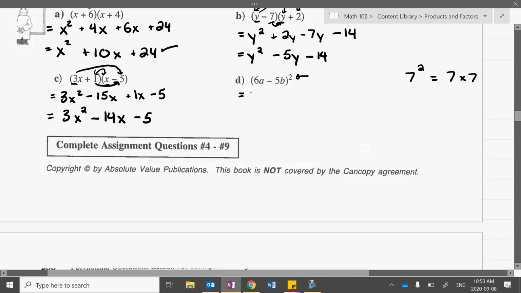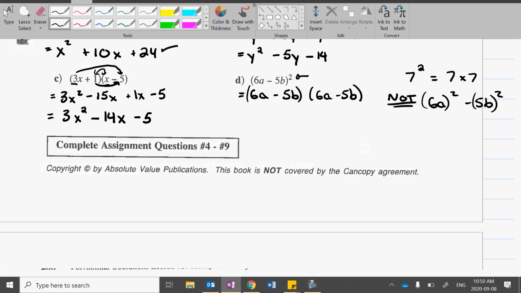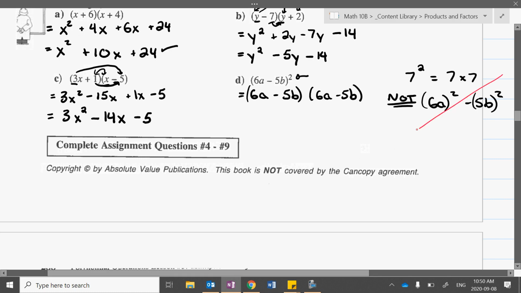This question is really saying 6a minus 5b times itself. 6a minus 5b. It's the entire thing. It is not. This is the biggest mistake. It's not saying 6a squared minus 5b squared. It is not that. That's the biggest mistake you can make here.